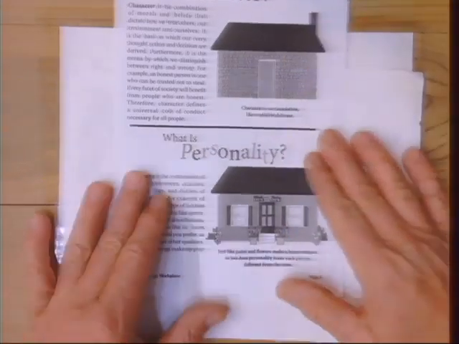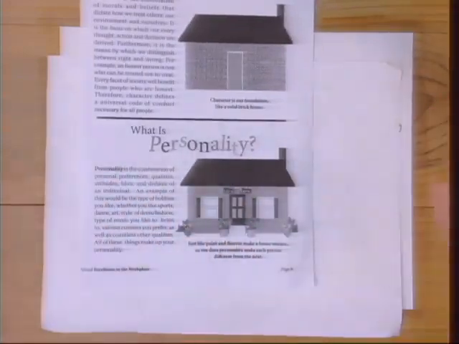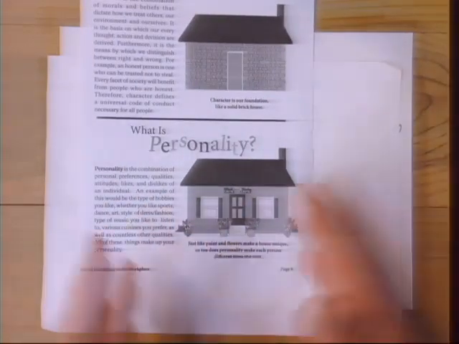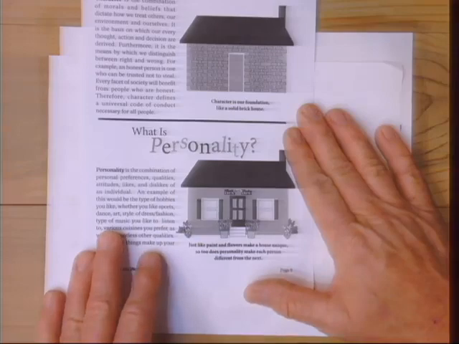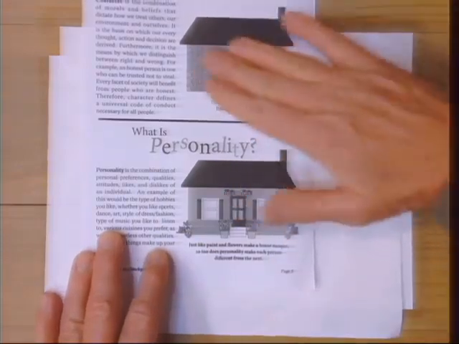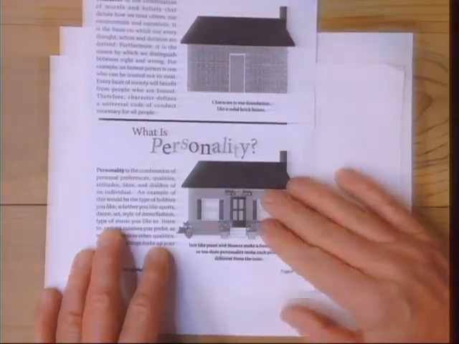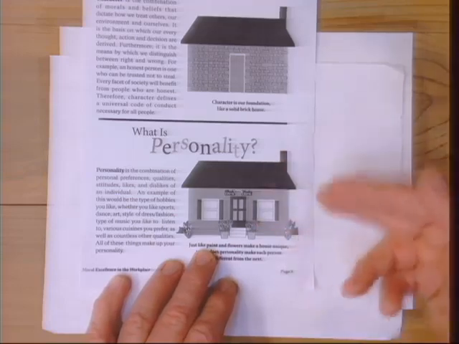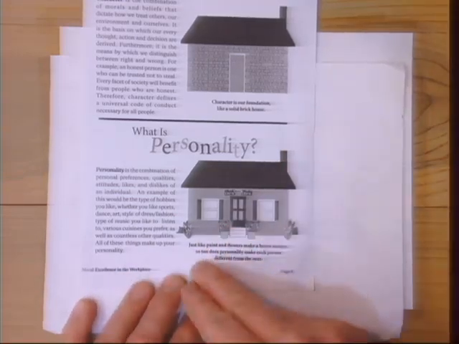And then you look at this one, and it's all flowers and paint and fancy windows and shutters and so forth and so on. And a person can take this strong foundation of a house, and they can pretty much make it however they want. They can paint it a different color. They can put different flowers out here and everything. Well, that's character and personality. It's an easy picture of it.